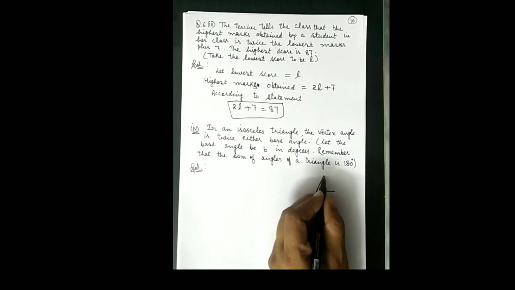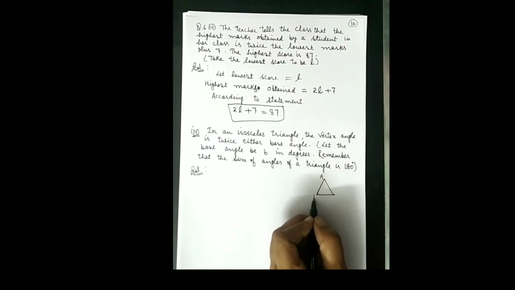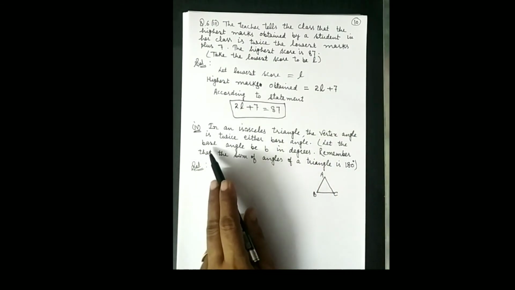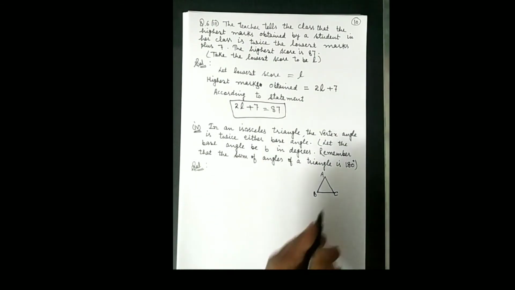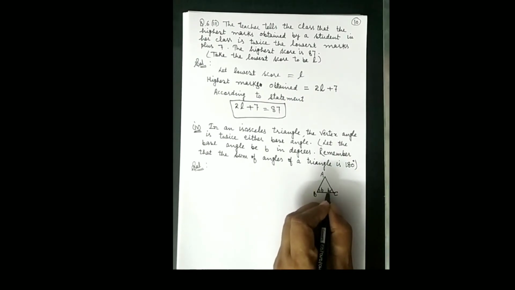So students, what is isosceles triangle? If ABC is an isosceles triangle, that means two angles are equal or two sides are equal. Whose two angles are equal is called isosceles triangle. So each base angle is B degree. That means this angle is B and this angle is also B.